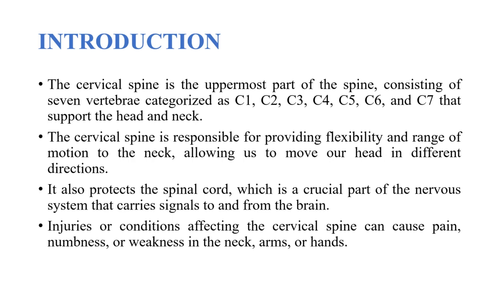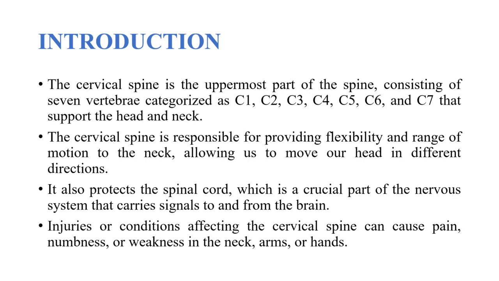Next. In this slide, we introduce the details of the cervical spine, which constitutes the uppermost section of the spine, comprising 7 vertebra levels as C1 through C7. These structures play a vital role in supporting the head and neck. Beyond its structural significance, the cervical spine holds a pivotal responsibility in facilitating the flexibility and range of motion necessary for the movement of our head in various directions.